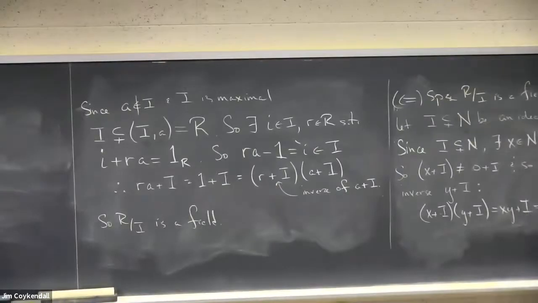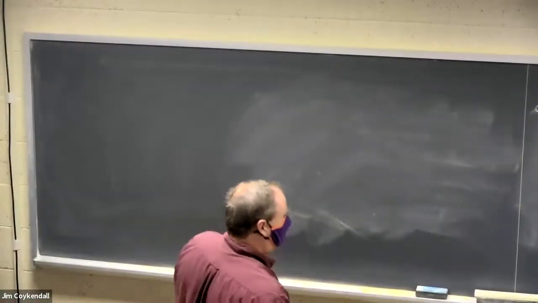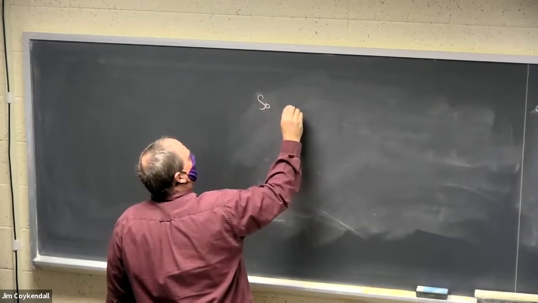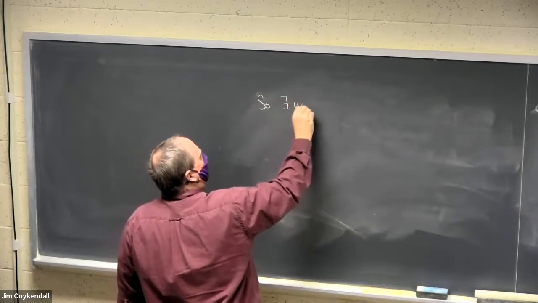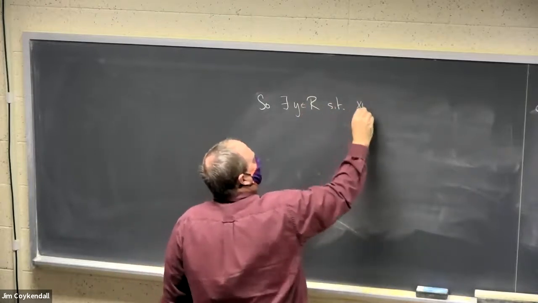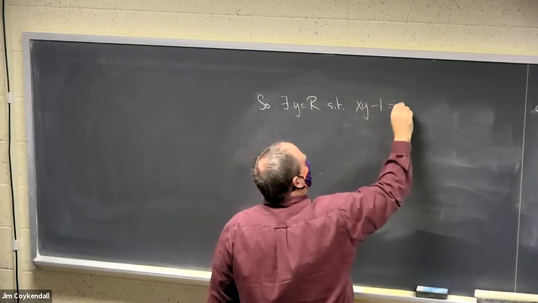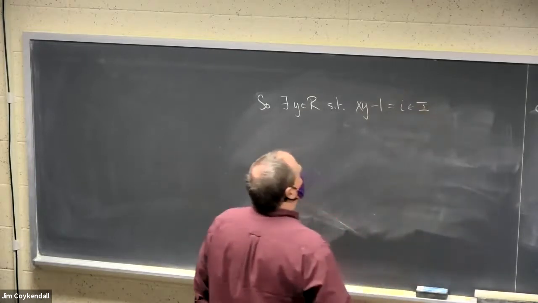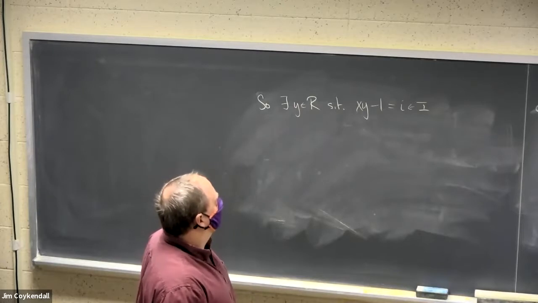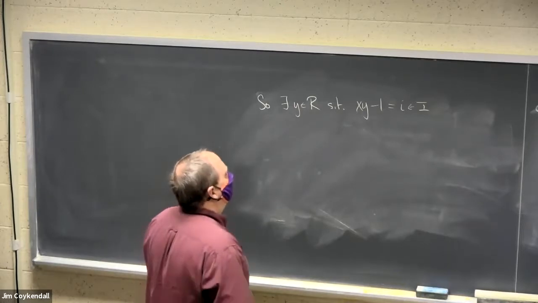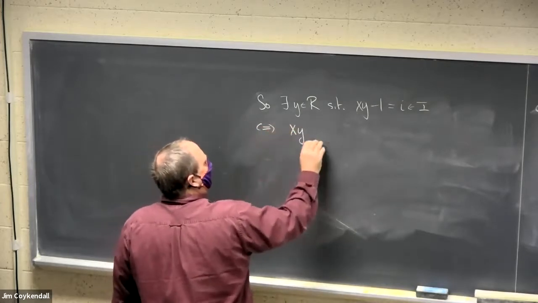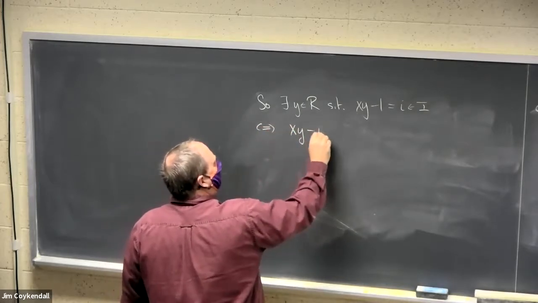Well, this means that there is an i in I such that xy minus 1 equals i, or equivalently, 1 equals xy minus i.